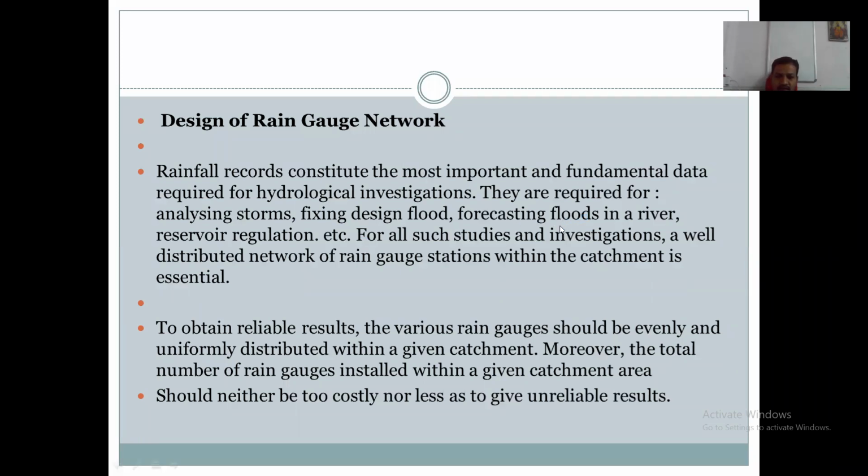When floods occur in the rainy season, there may be chances of floods in the rivers. To forecast those floods, we observe the level of the water in the river, then for reservoir regulation, to regulate the water flow.